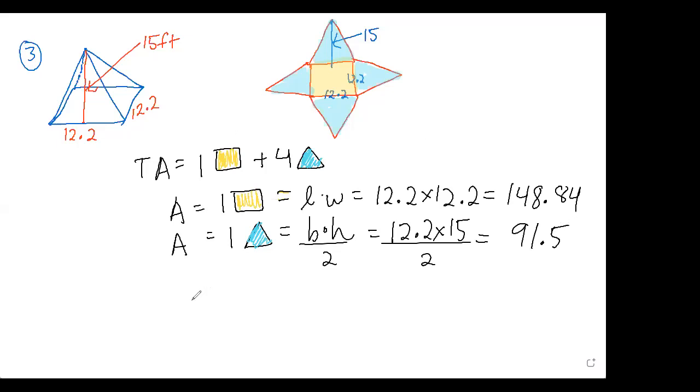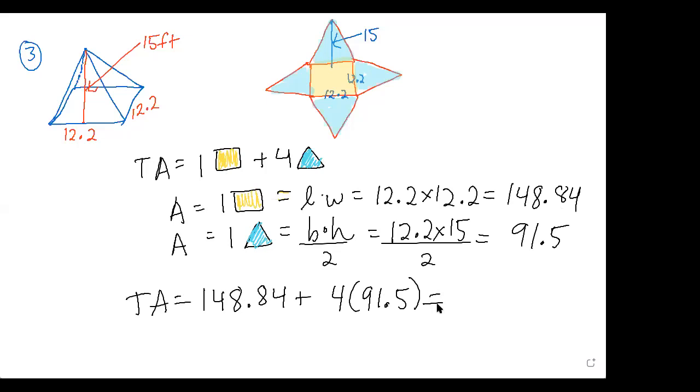Now, we need one square, which is 148.84, plus 4 copies of the triangle. And we'll get the total area of the shape. Good?